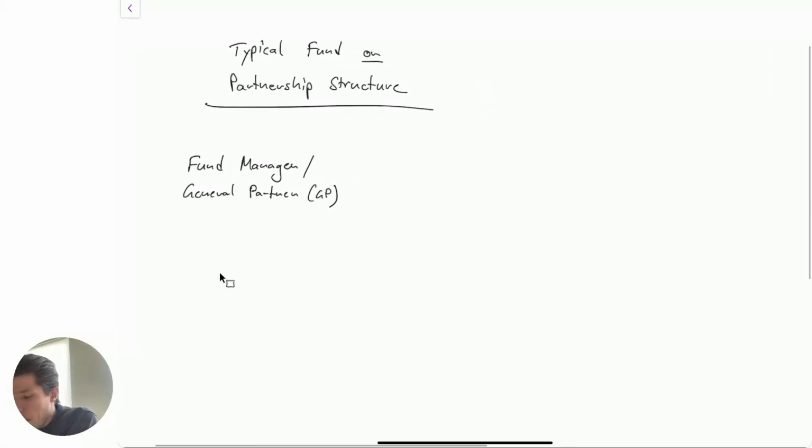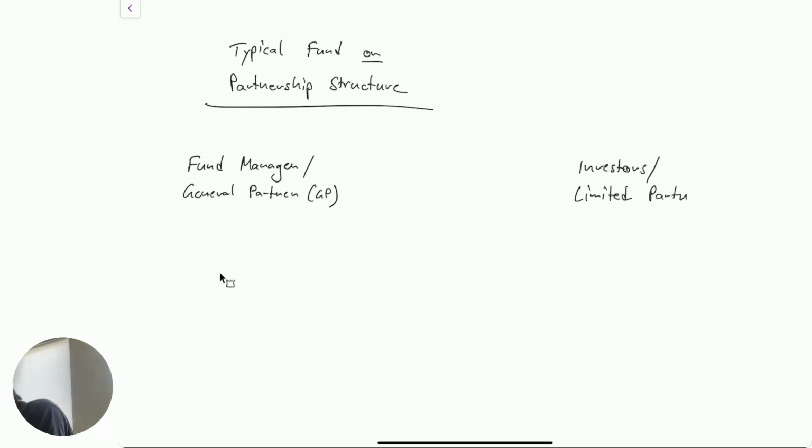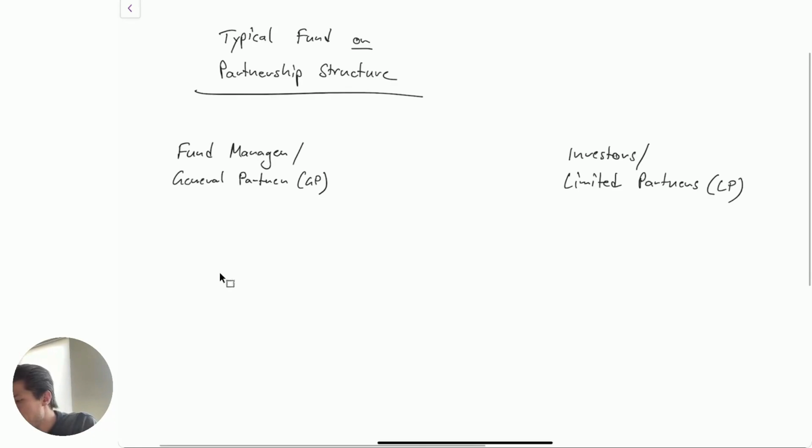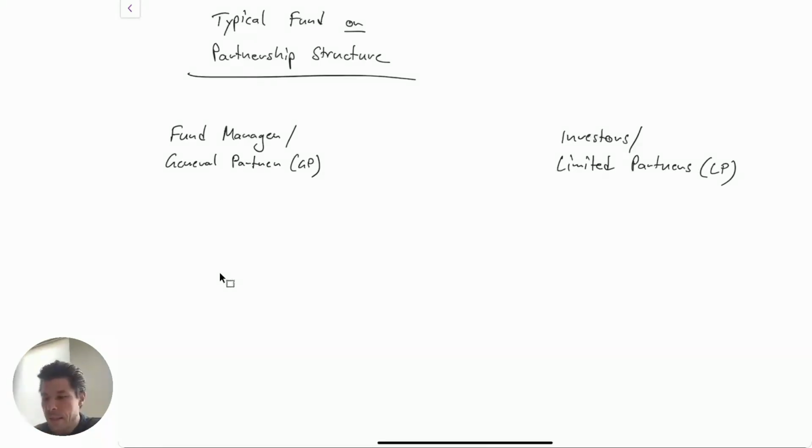Then, apart from the general partner, you have outside investors. They are called limited partners, LP, because they have limited liability and only as per their investment.